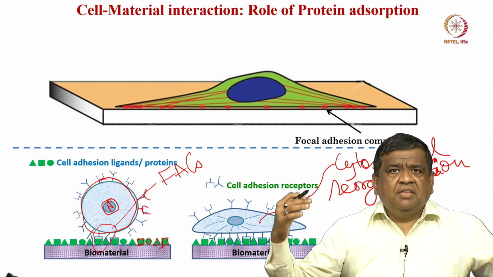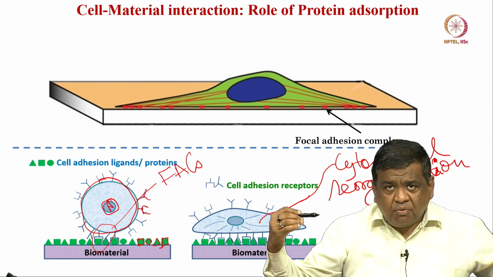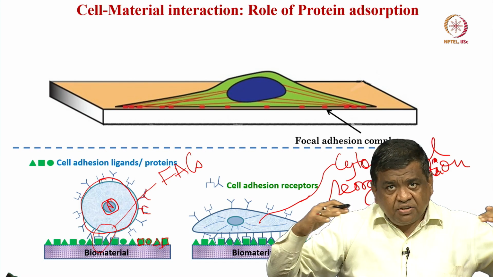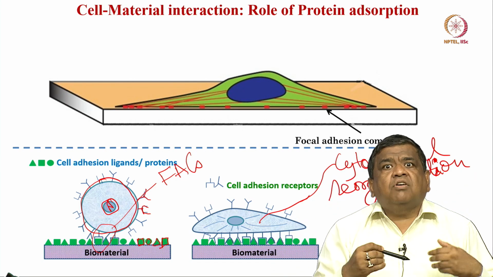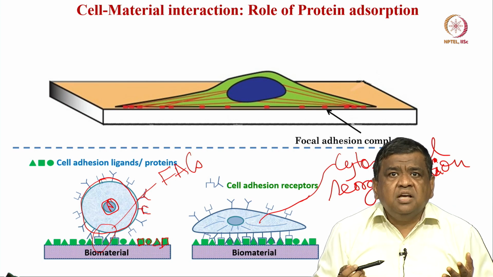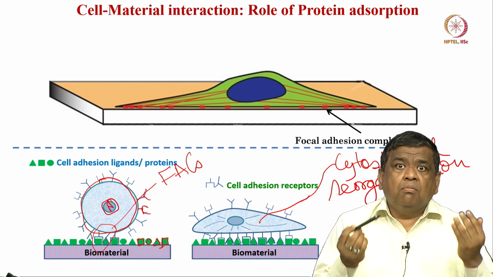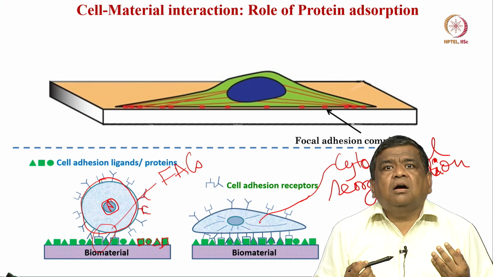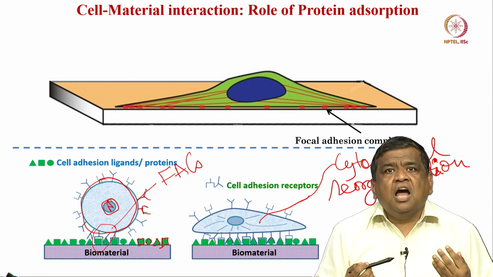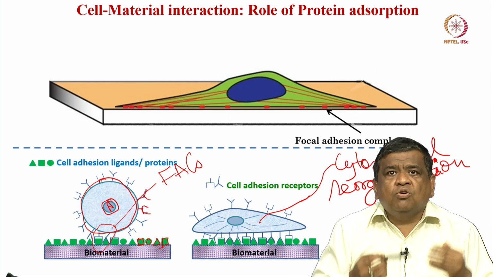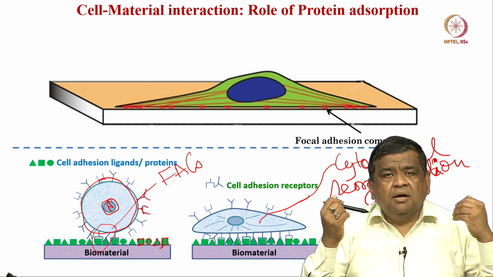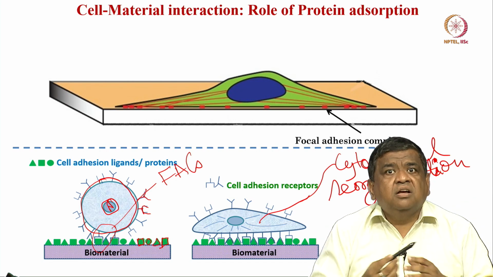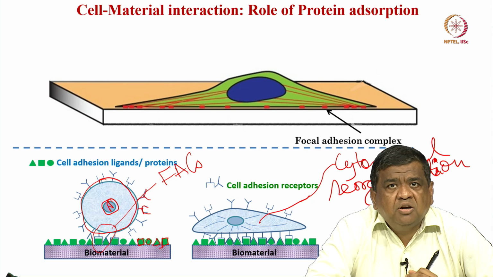And the more this extension process, the more the cell surface is flattened, which means more opportunity for the integrins and cell surface receptors to establish more contacts with the biomaterial substrate. The more the focal adhesion complexes, the more the stability, and the more the cell adhesion on a biomaterial substrate.